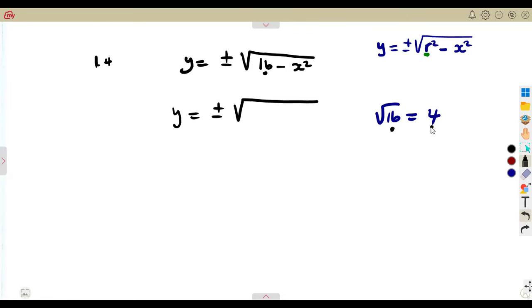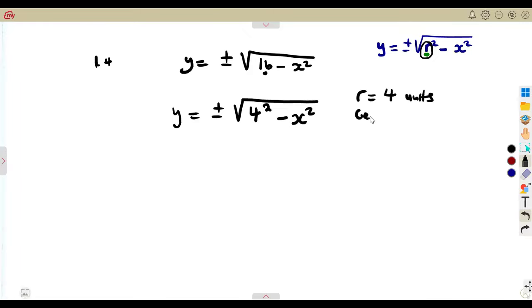The square root of 16 is 4, so that's 4 to the power of 2. If you raise this to the power of 2, it will give you the 16. So that 16 is the same as 4 squared minus x squared. From this, we can simply tell that our radius is 4. So radius is equal to 4 units.